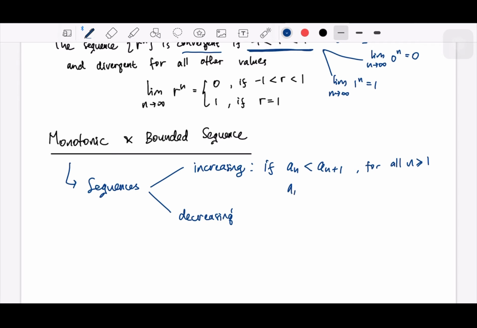So A1 is less than A2, A2 is less than A3. And it's called decreasing if an is greater than an plus 1.